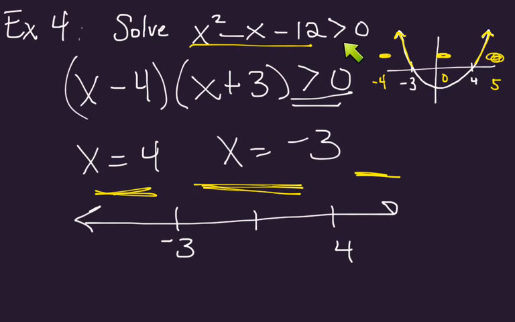Negative 12 is greater than 0. True or false? False. What happens when we plug 5 in? 5 squared is 25, minus 5 is 20, minus 12. It's still positive, so true. Whatever positive number that ends up being is greater than 0. Which means my solution to this problem would be x is greater than 4 and x is less than negative 3.